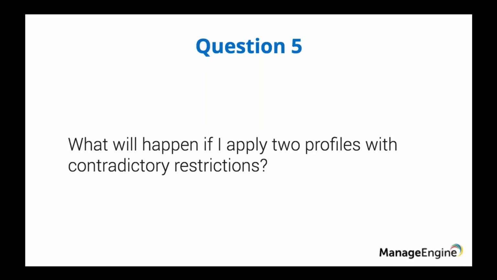The last question is, what will happen in case I apply two profiles with contradictory restrictions? Let us assume this example. In the first profile, I choose to restrict camera, and in the second profile, I choose to allow camera. So what happens when these two contradictory restrictions are pushed to the device?